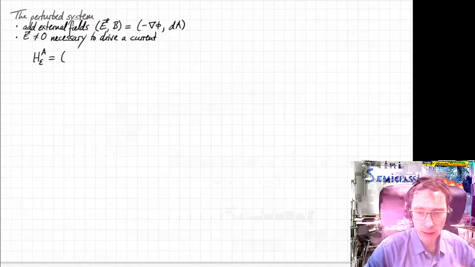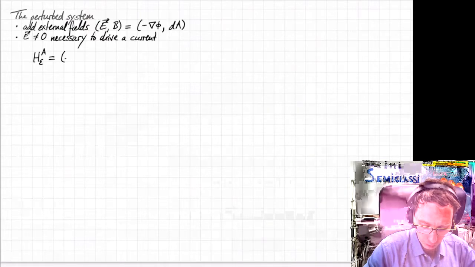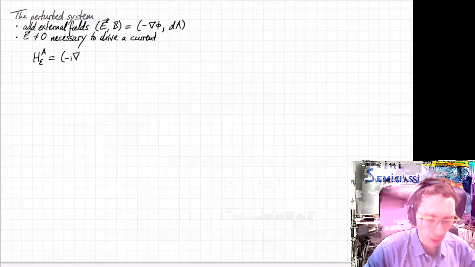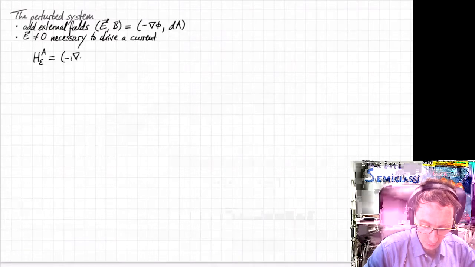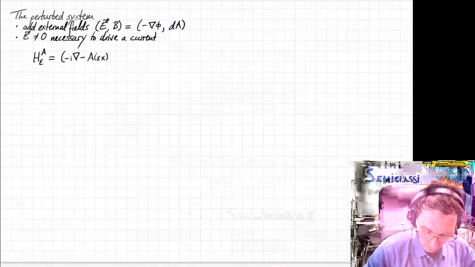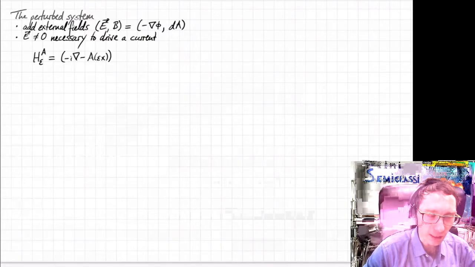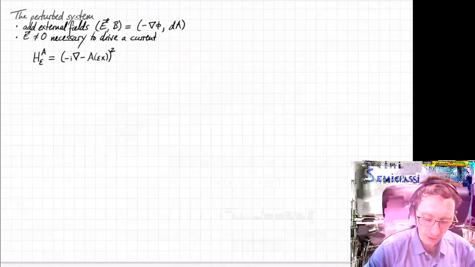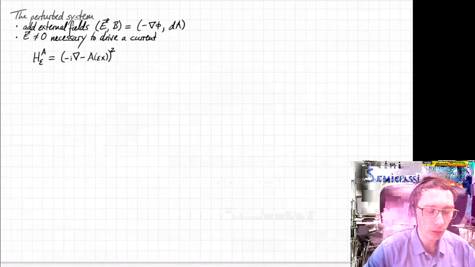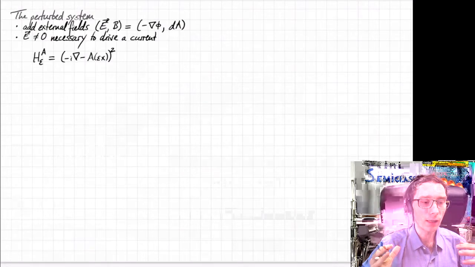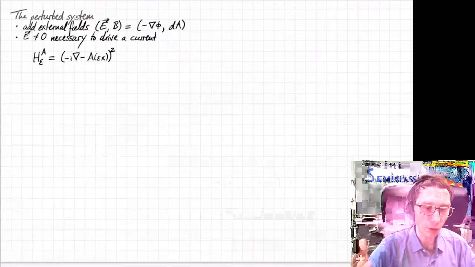Because I'm adding a magnetic field, I have to replace the Laplacian, which is just minus i gradient squared, by the minimally substituted operator here. And I have to add the epsilon because on the scale of the periodic potential, the external potentials vary slowly.